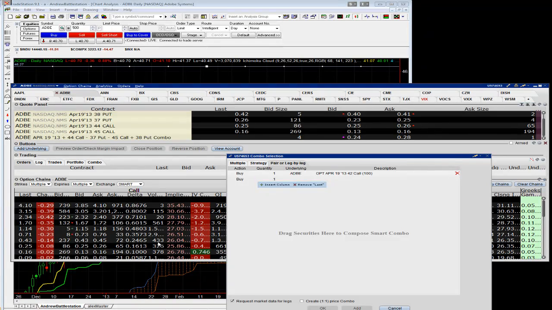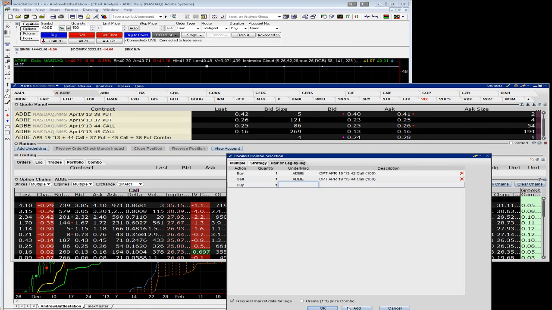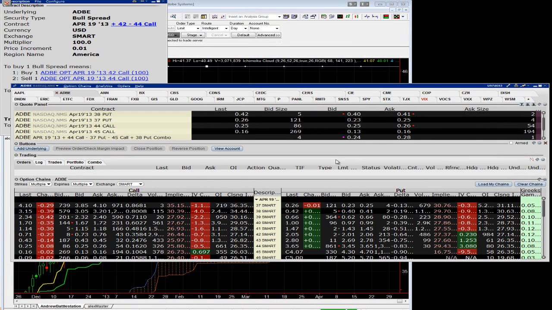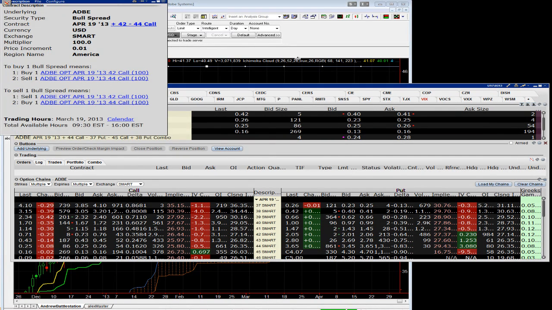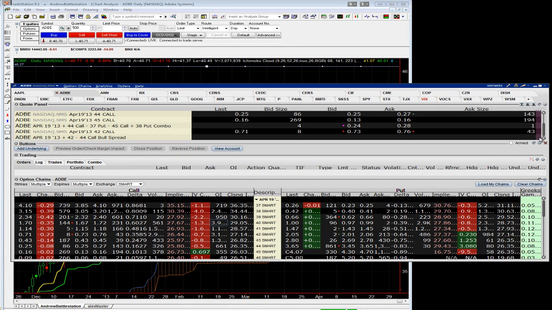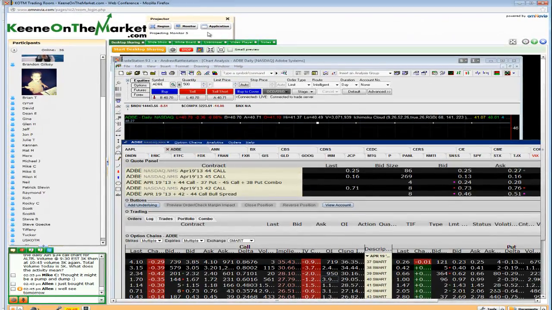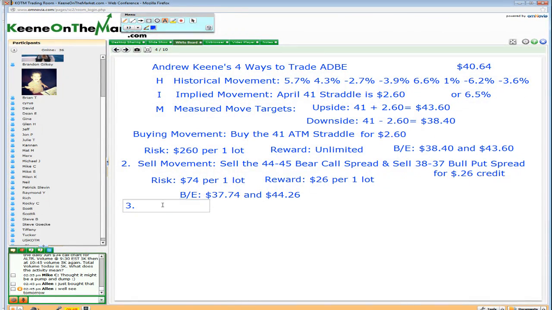So buying the 42.44 bull call spread. See, great minds think alike. So buying the 42.44 bull call spread in Adobe. If I was bullish, I could put this on for about 49 cents. Let's talk about this one here. If I was bullish, I could buy the Adobe 42.44 bull call spread for a 49-cent debit.